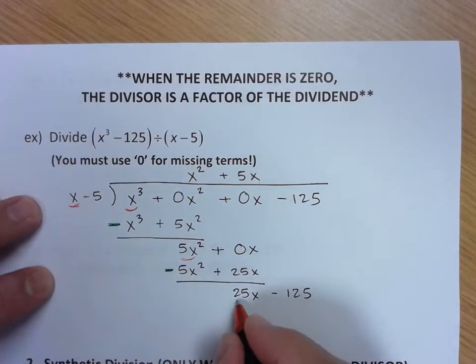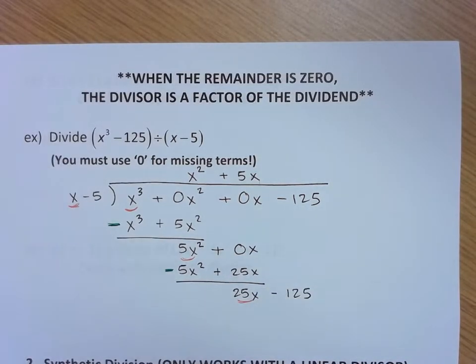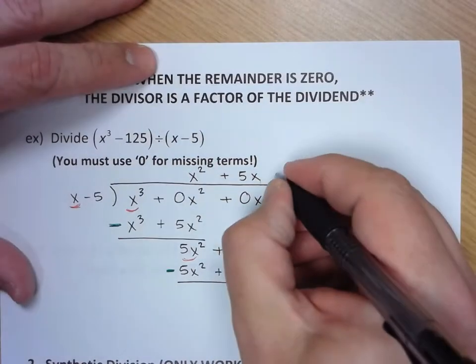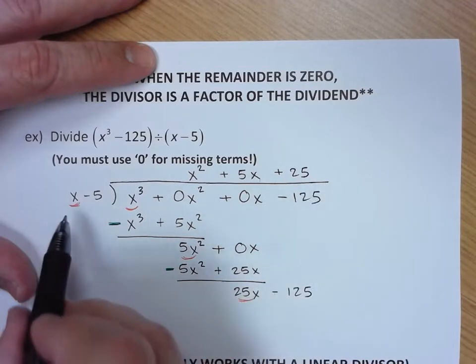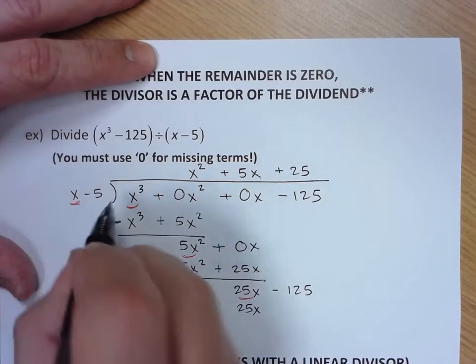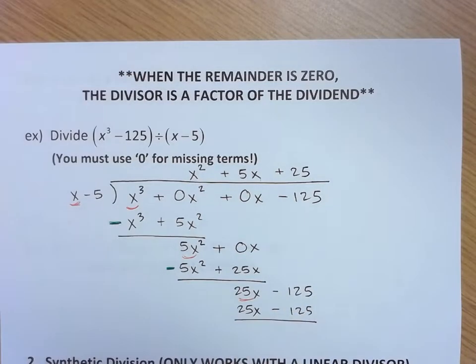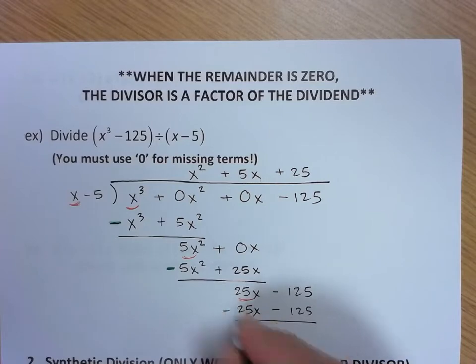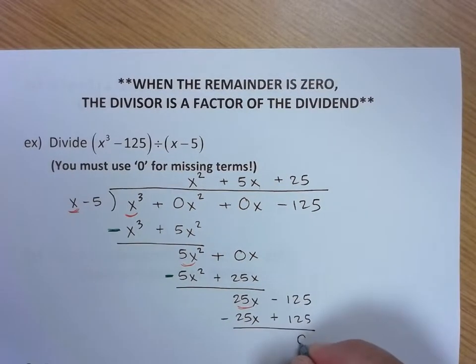And the last of our division kicks in. X can go into 25x, 25 times, and then 25 times x is 25x. 25 times negative 5 is negative 125. So in this case, when I do the subtraction, they both cancel out, and you're left with a 0 remainder.